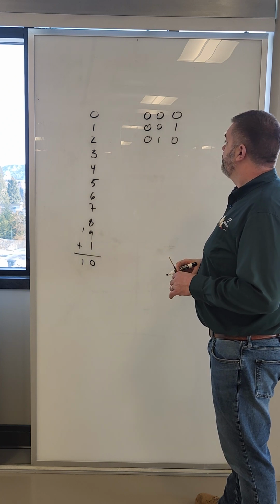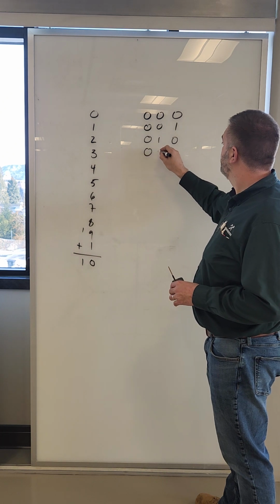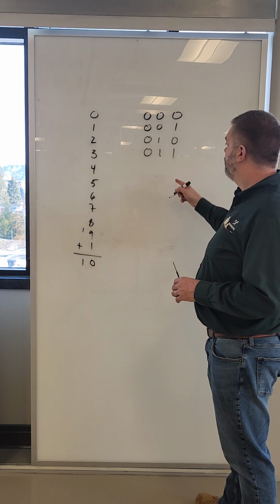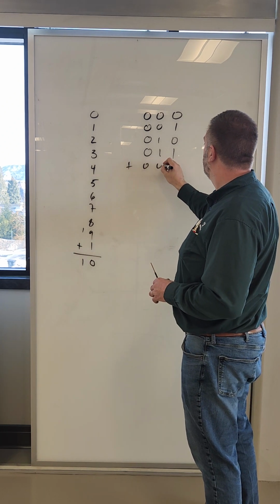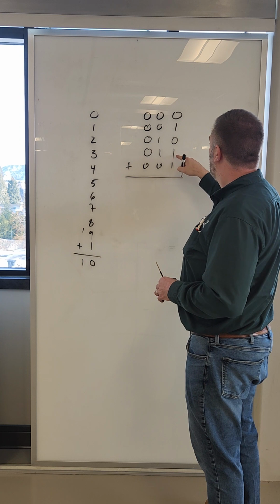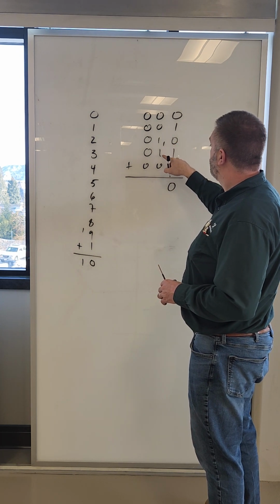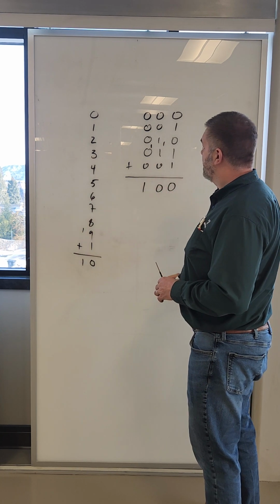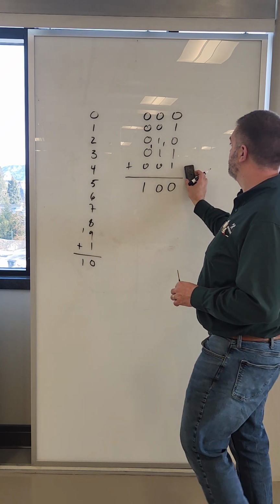For 3, I hope you're getting at this point, we can just add 1 to it, and it just turns into 0, 1, 1. 4 is a little bit more complicated, and if we add 1 to this, 1 plus 1, we're going to get a 0, we're going to carry that. 1 plus 1 is going to be another 0, we're going to carry that, and that turns out to be our value for number 4, which is a 1, 0, 0.